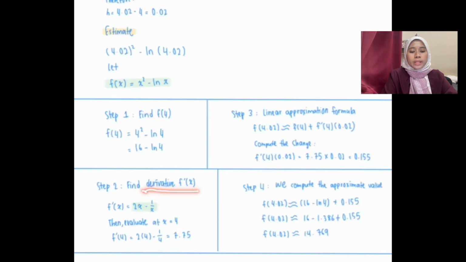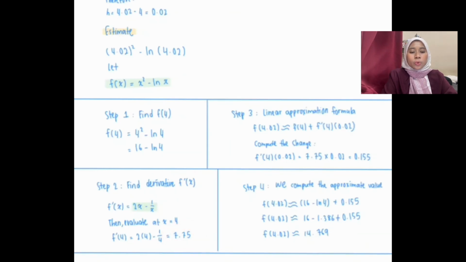So we get 2x minus 1 over x. Basically we differentiate the f function, and then we get f prime(x). Then we evaluate at x equals 4. So f prime(4) equals 2 times 4 minus 1 over 4. So we get 7.75.